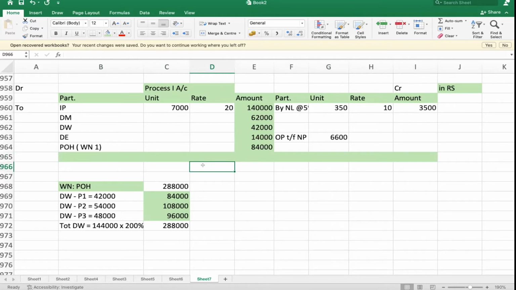The next step: after giving the posting, debit side all expenses, credit side normal loss and output transferred to the next process, we have to prepare the working note. Here we already did the working note for production overhead. The very next working note is called process loss.